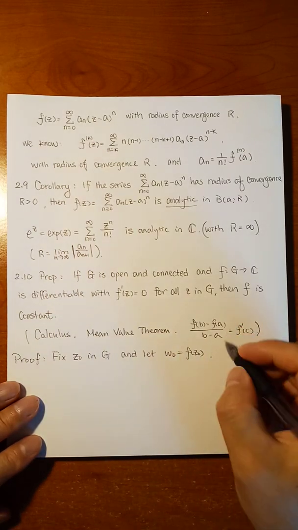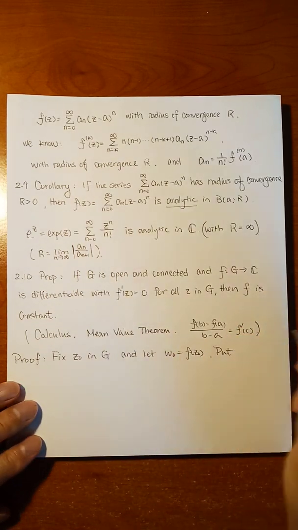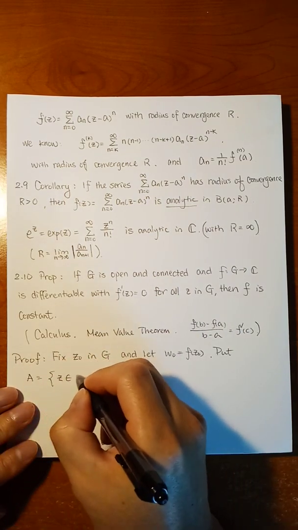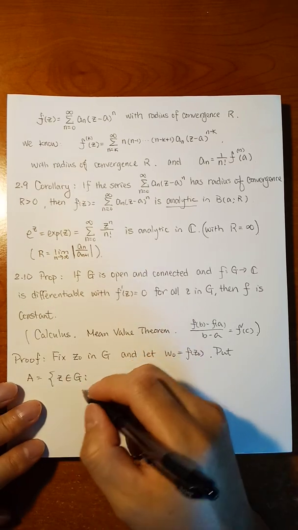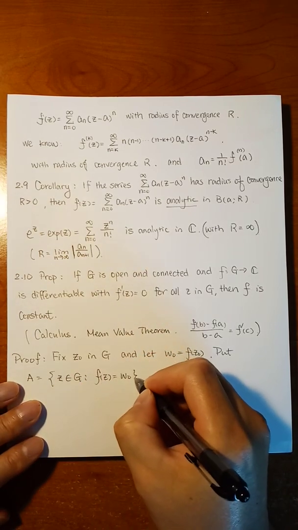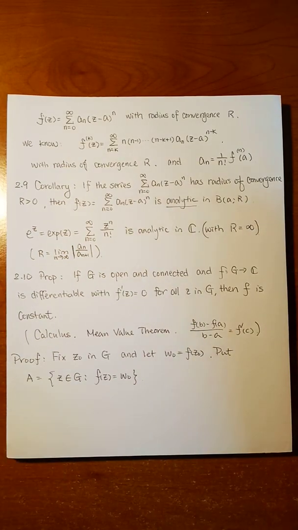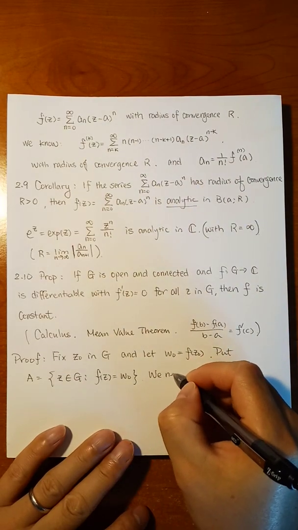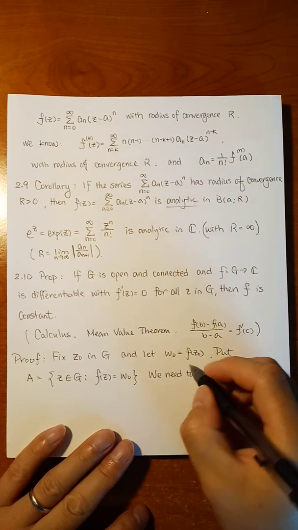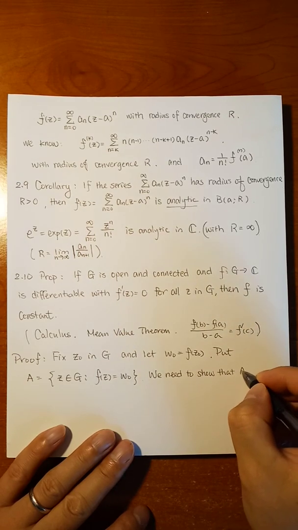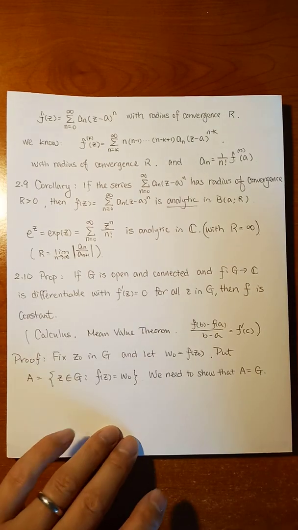So define A to be the subset of G such that f of z is equal to w0. And then we need to show that A is equal to G.